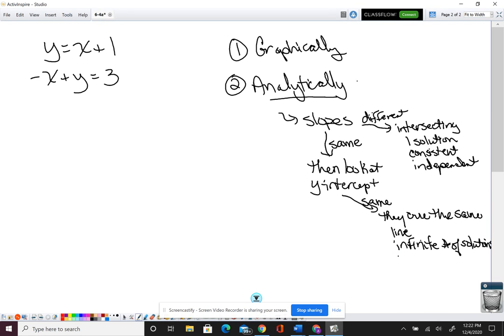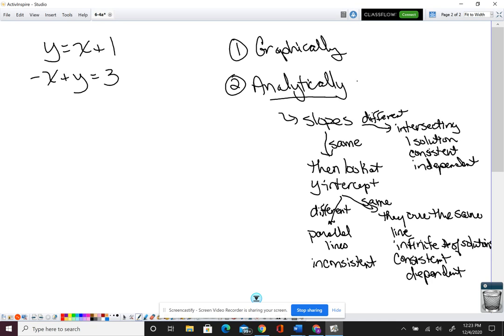And they are consistent, dependent. And if the y-intercepts are different, they are parallel lines, and they are inconsistent. So that's kind of what we're going to do analytically. We're going to look at those.